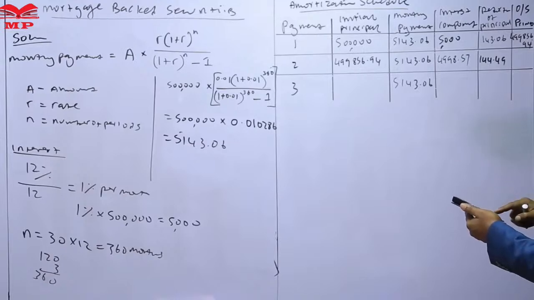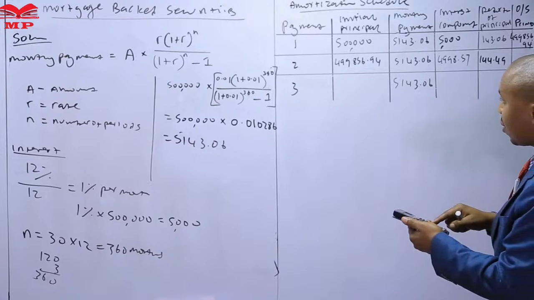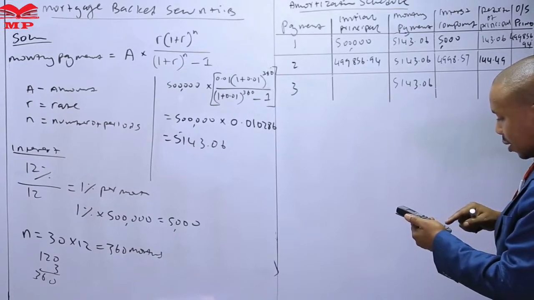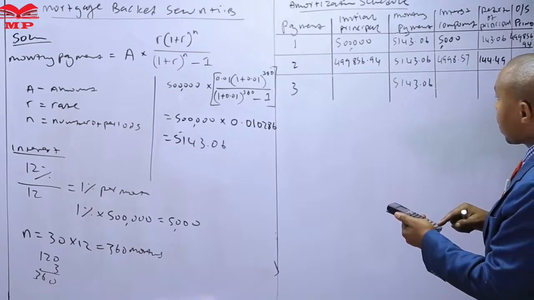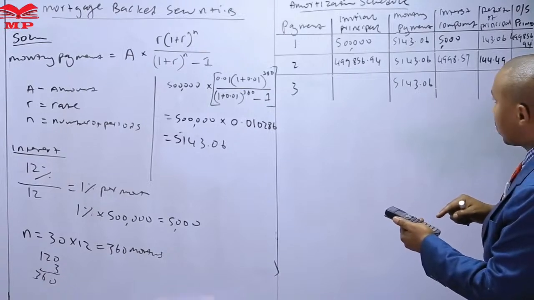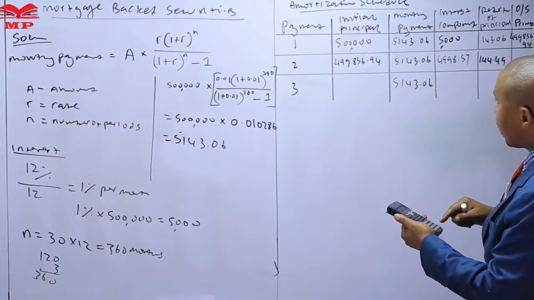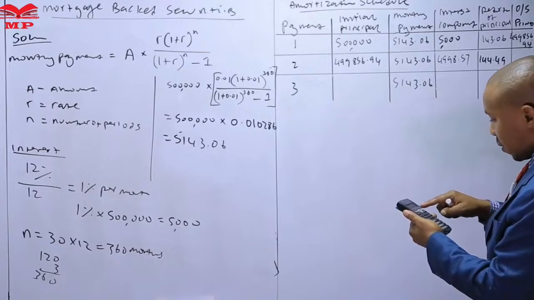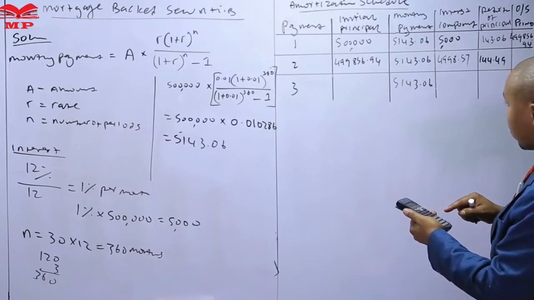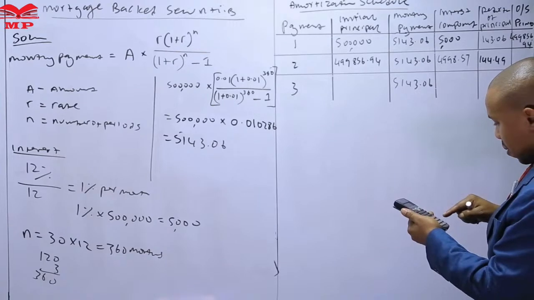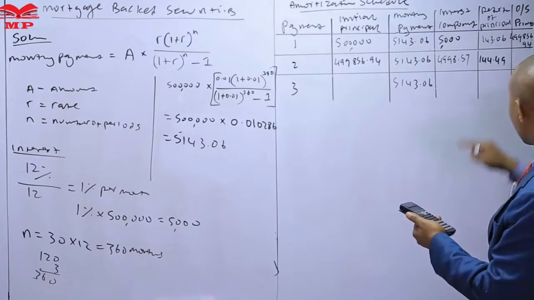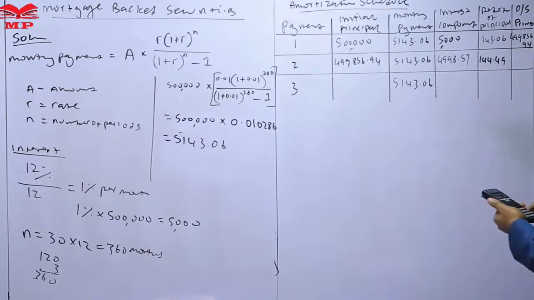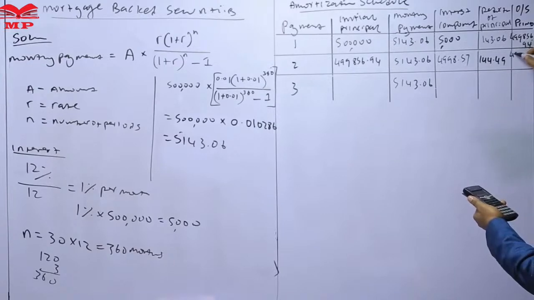So we have 499, I think I said it wrongly. It's 499,856.94 minus 144.49. We have 499.